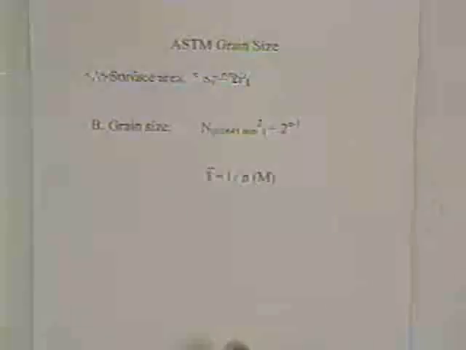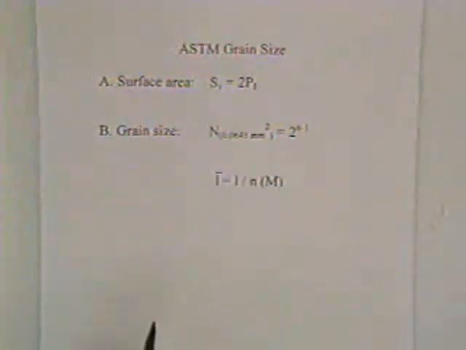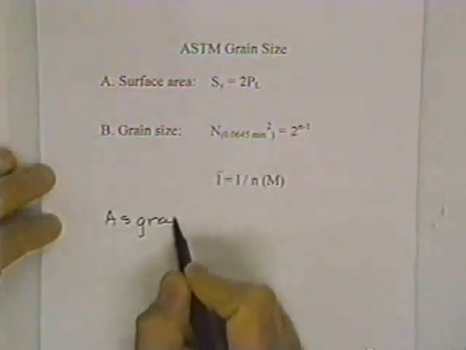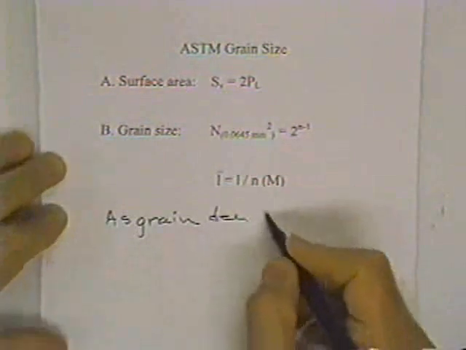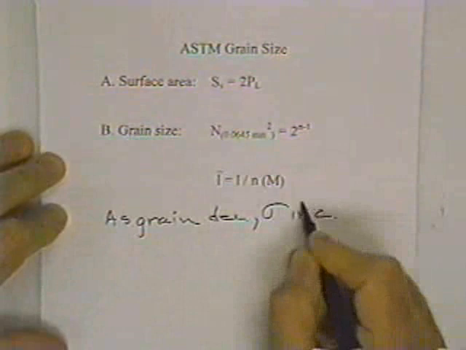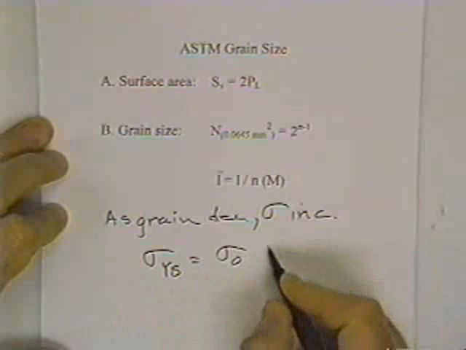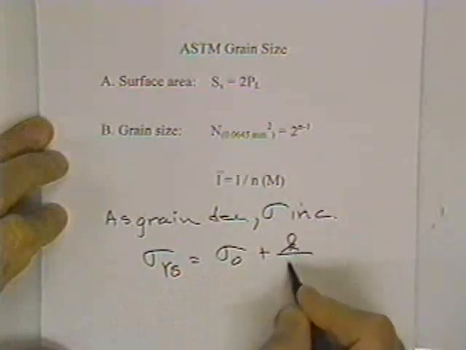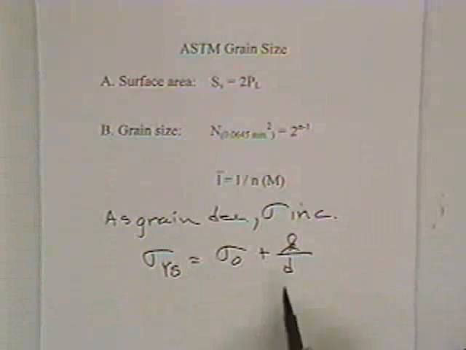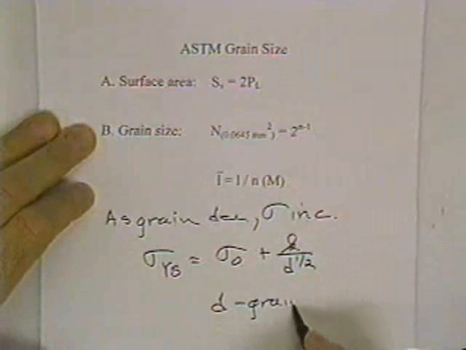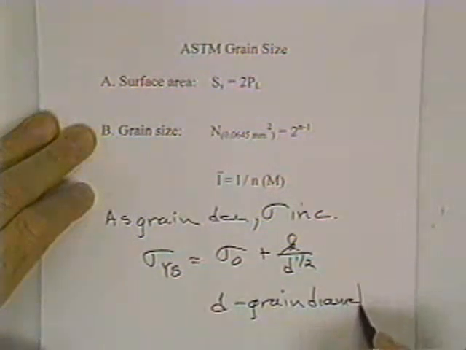And the final two things that we're going to talk about will be the grain size and, briefly, composite materials. Grain size is important. As grain size decreases, the strength will increase. And there's an expression called the Hall-Petch equation, which says that the increase in strength increases by the inverse square root of the grain diameter, where d is the grain diameter.